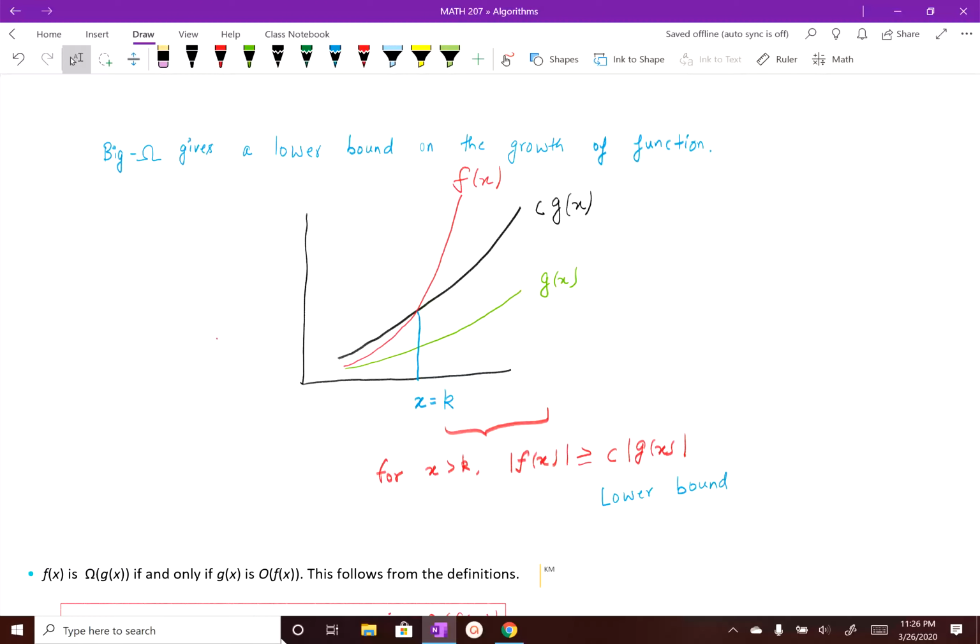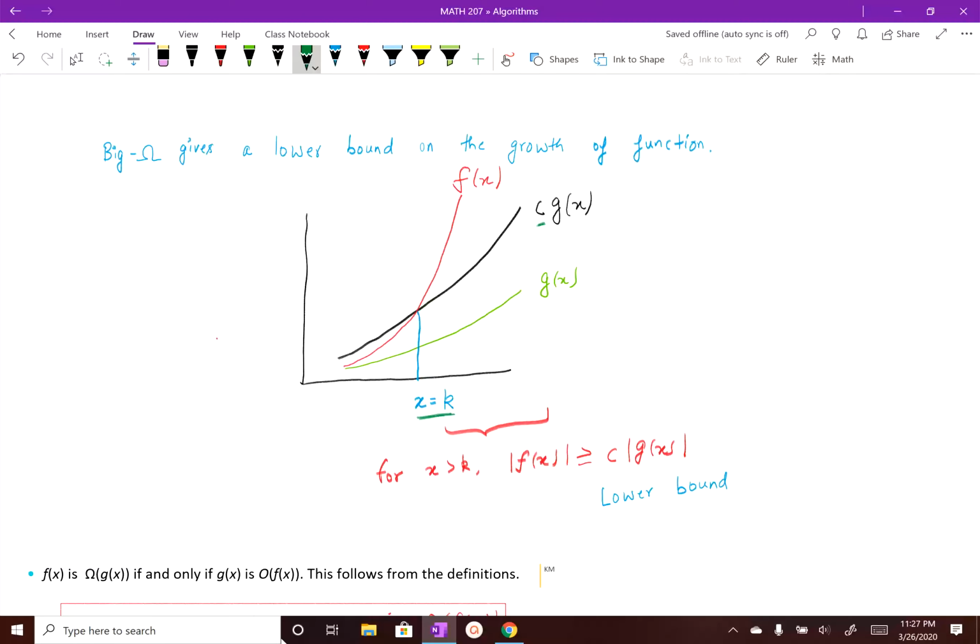Let's suppose you have given functions f(x) and g(x), represented by this red and green curve. Then if we can find two witnesses c and k such that the behavior of g(x) changes, c times g(x) will be this black curve.